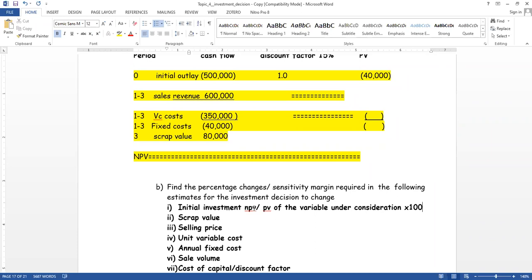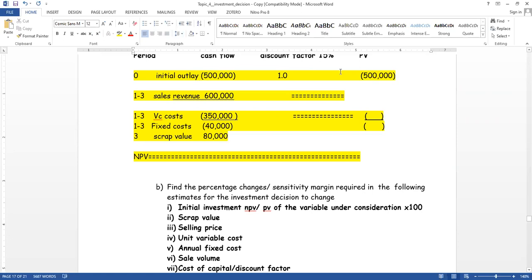For example, now I will get the NPV here for whatever I would have gotten here, then I divide by the PV. For this case, it will be 500. Because remember for the initial outlay, we said it is 1.